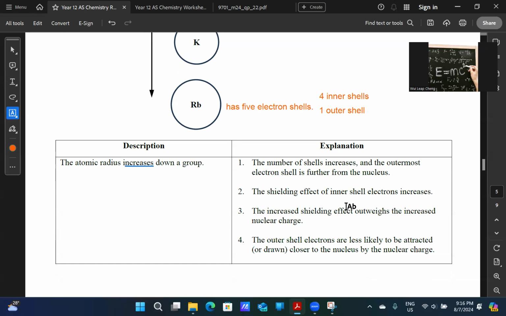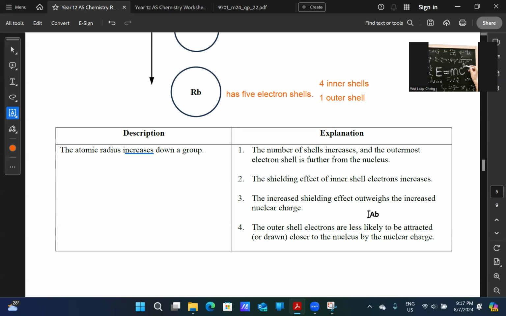When the number of inner shell electrons increases, it increases the shielding effect of inner shell electrons. And this outweighs the increased nuclear charge. The meaning of the word outweigh is to give more impact. Okay? Outweigh means give more impact. The outer shell electrons are less likely to be attracted closer to the nucleus by the nuclear charge, because there is a strong repulsion.